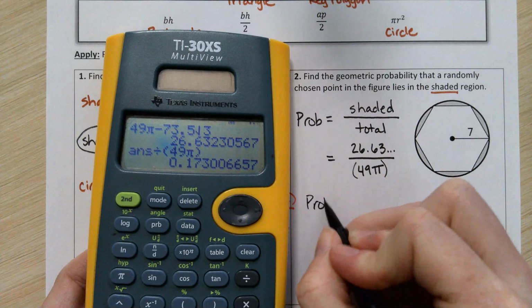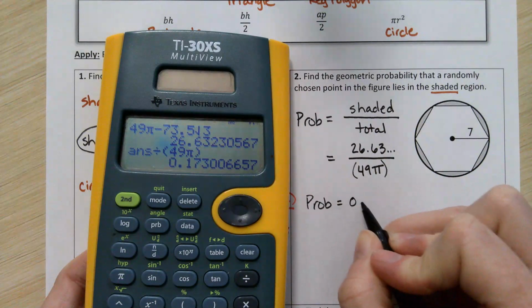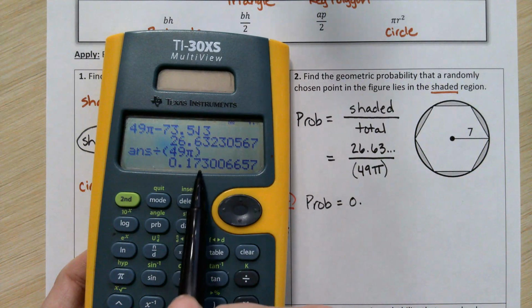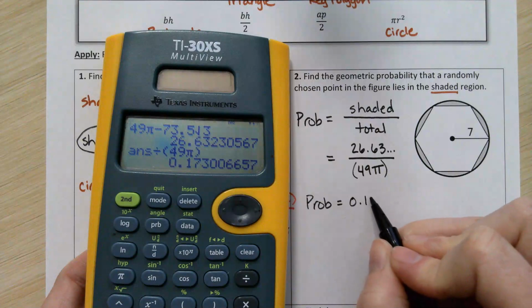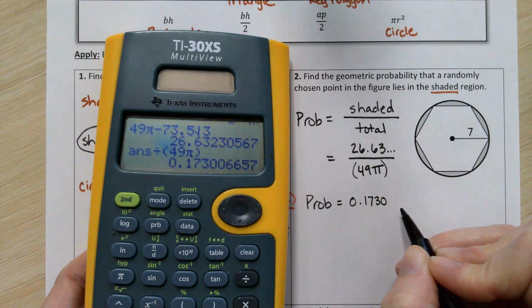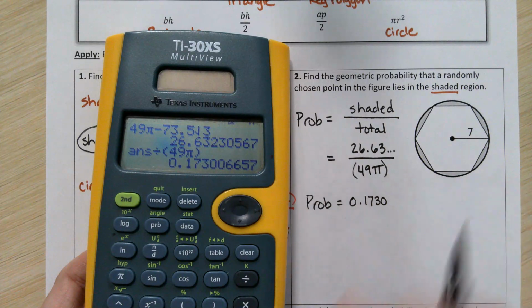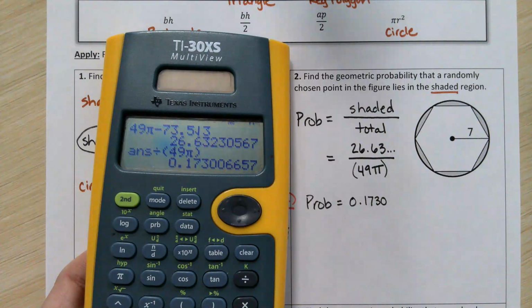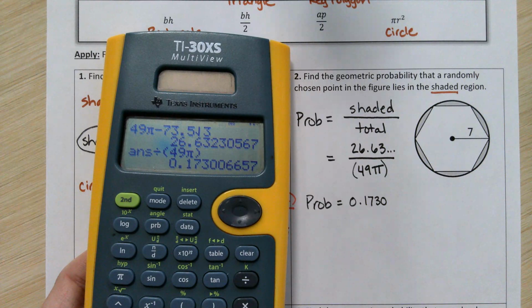Remember, we can write probability 3 different ways. So if we're choosing the decimal approach, we would leave 4 decimal places, so 0.1730. Or if we're choosing the fraction approach, I doubt we can make this into a fraction, so we're not going to go that route this time, since we have decimals and then more pi, which is related to decimals.